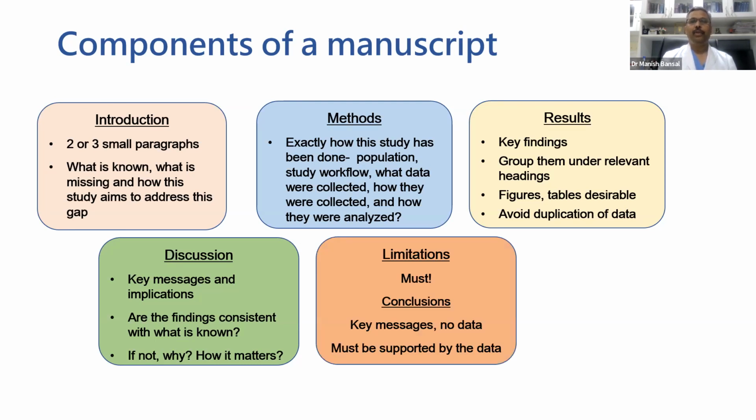Then it's extremely important to discuss limitations. We should have a separate heading in which we must describe limitations of our study. And why it is important is that when we write limitations, then any reviewer who reads the paper immediately comes to know that the authors are not trying to make false claims. They are not trying to befool the audience.